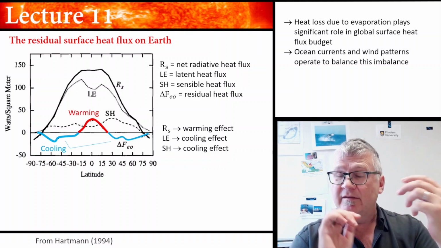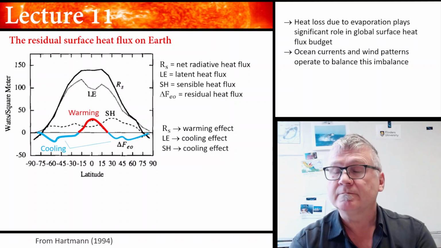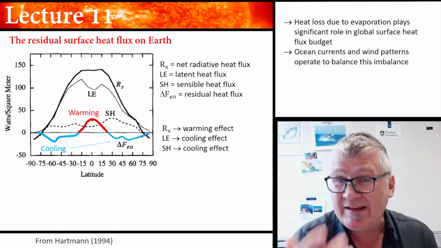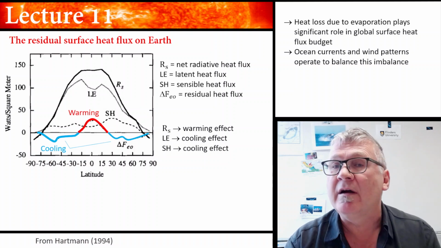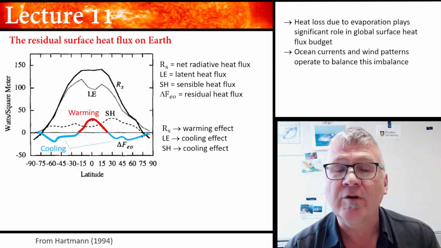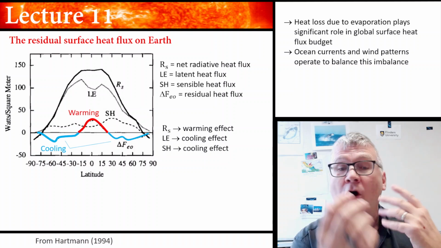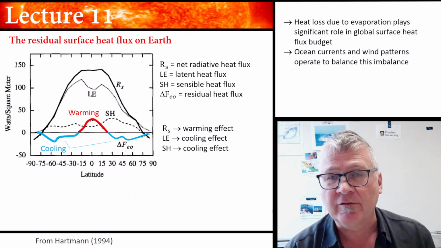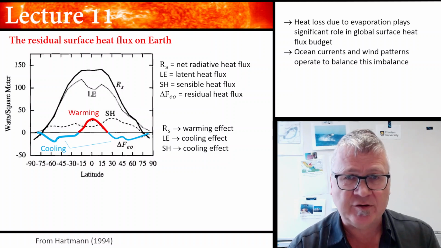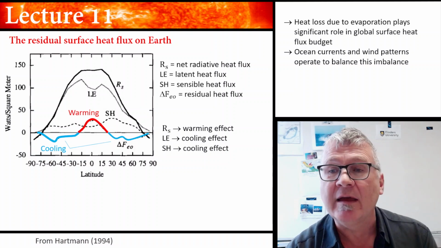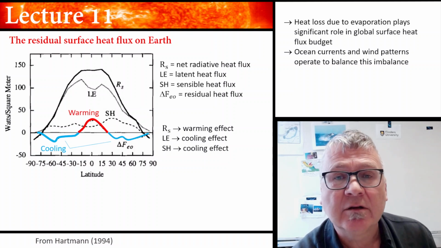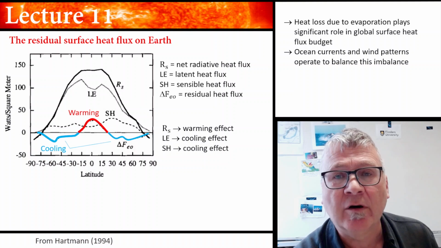This is the driver of winds and oceanic currents, and that together actually result in an equilibrium situation on Earth. So it's quite complex if you put all the pieces of the puzzle together. If you think about what determines the surface temperature on Earth, it is a complicated story. Okay, and this is the end of the second part of this lecture.